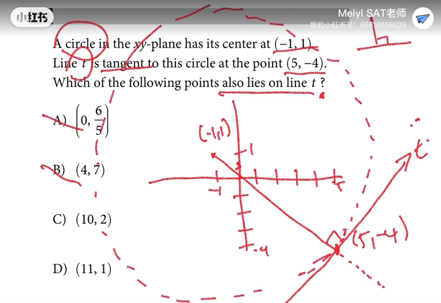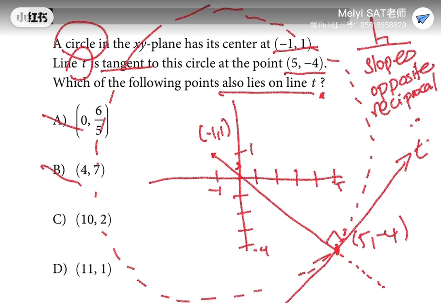So perpendicular lines, what's special about them is that their slopes are opposite reciprocals of one another. And we'll talk a little bit about what that means.